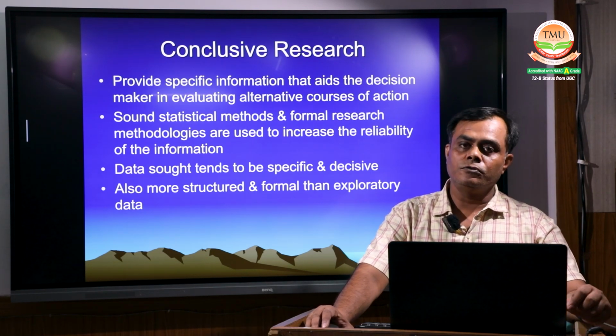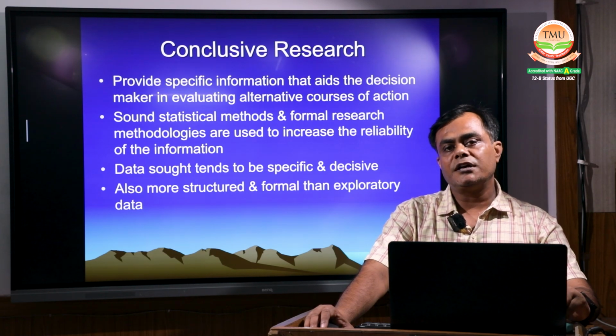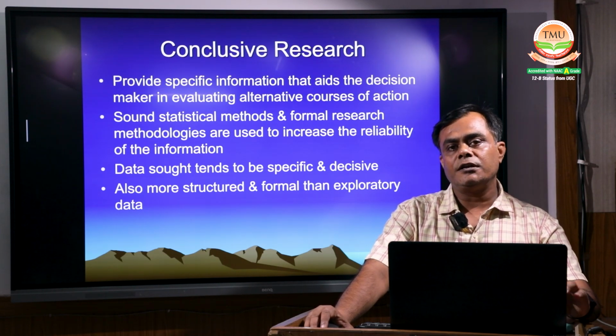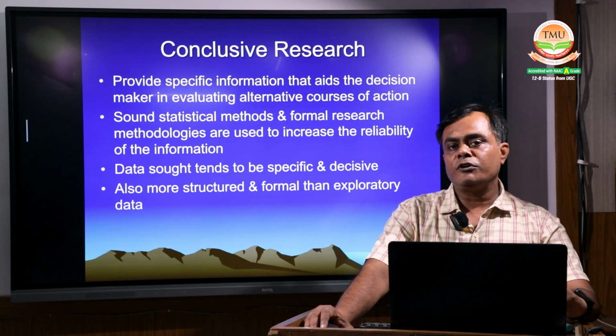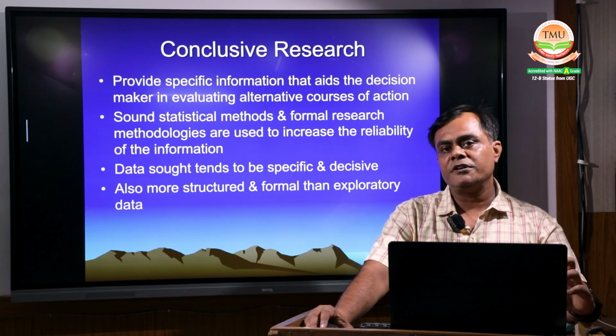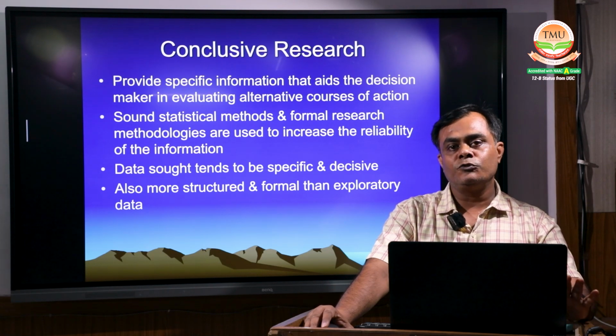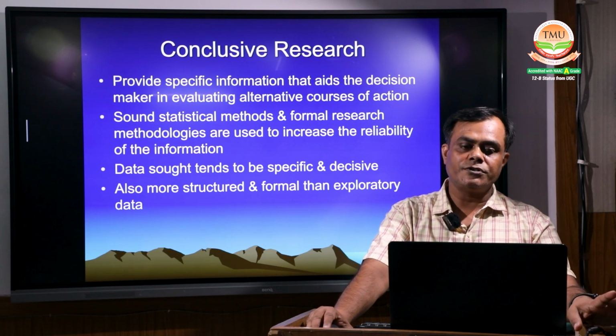So we can simply say that a conclusive research design is more formal than an exploratory design, because sometimes we become informal in exploratory design. So a conclusive research design is more formal than an exploratory research design.